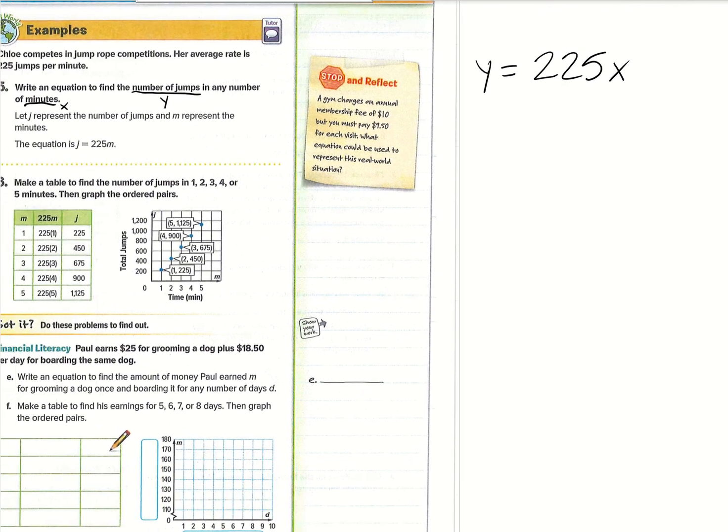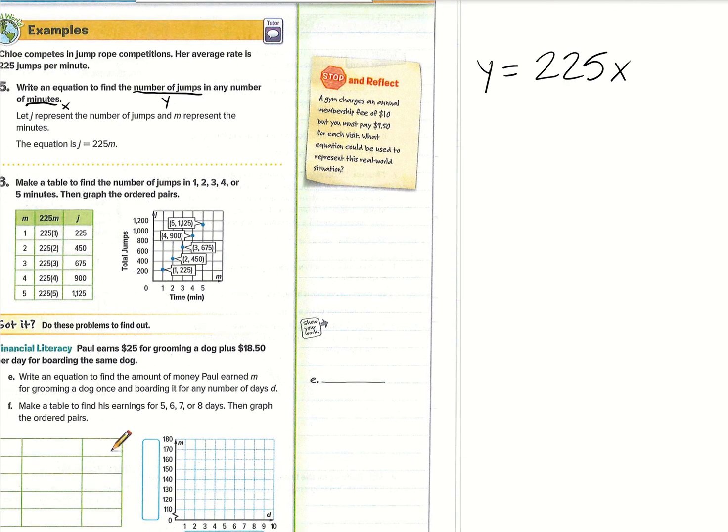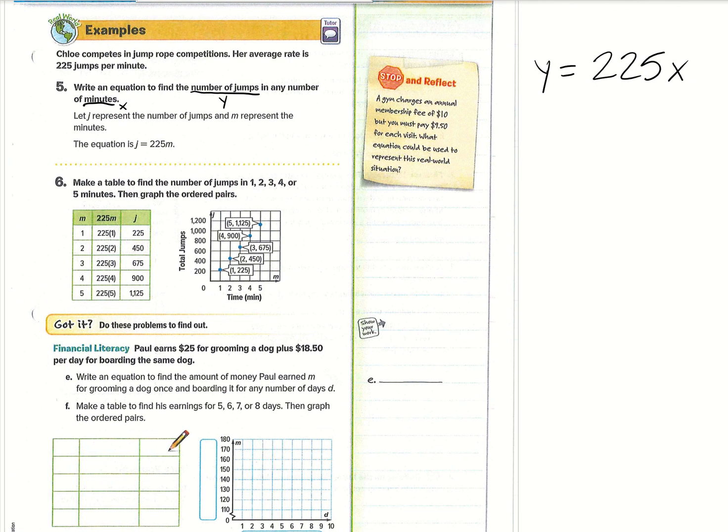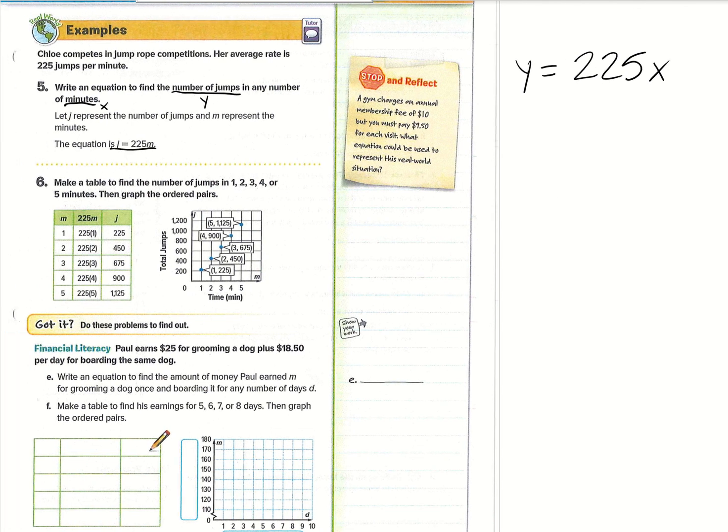All right. So our equation is y equals 225x. All right. They put j equals 225m. That's fine as well. It doesn't matter which one you use. I just prefer to use y and x most of the time, but if you want to use j and m, that's fine as well. All right. So just remember y is j and x is m for this particular example.